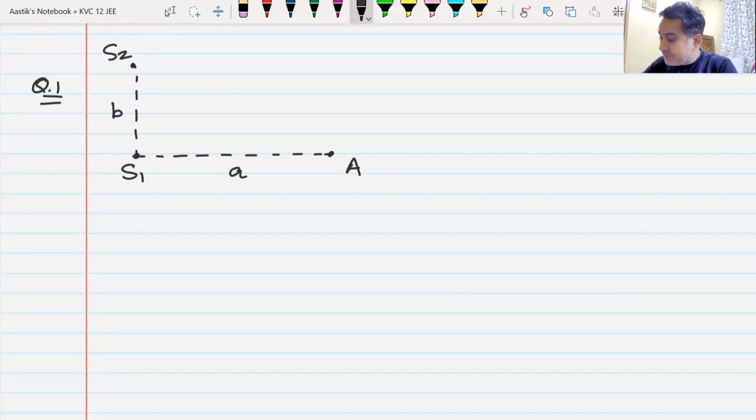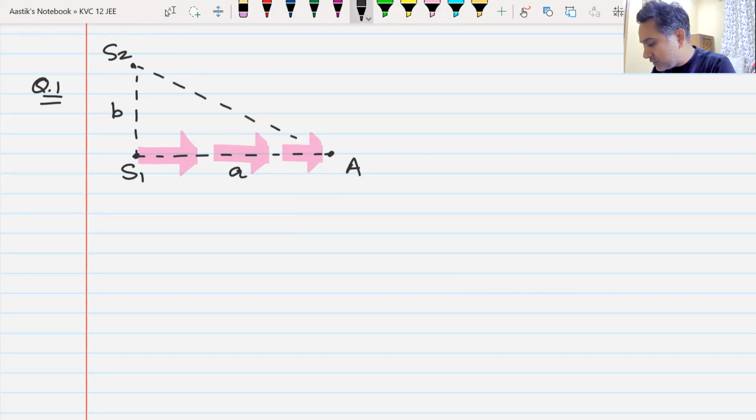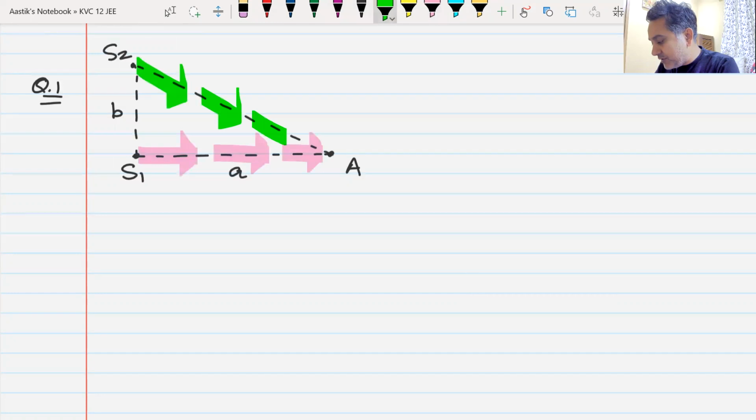Now, the wave from S1 is also reaching point A, yes or no? At the same time, the wave from source 2 is also reaching point A. Yes or no?